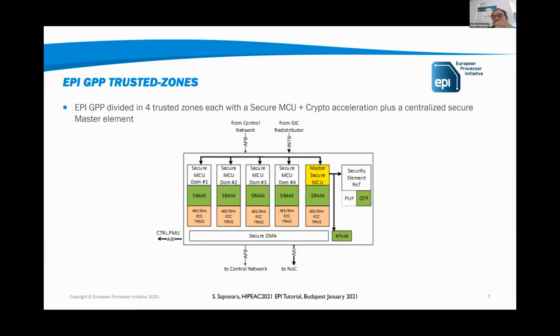Going into more detail, I need to keep it general, since some details are linked to IP rights of partners and cannot be disclosed. So I will try to disclose what I can. The idea is that the general purpose processor will support the concept of trusted zone. So in the end, you will have multiple domains where for each domain there will be a dedicated secure, programmable part.